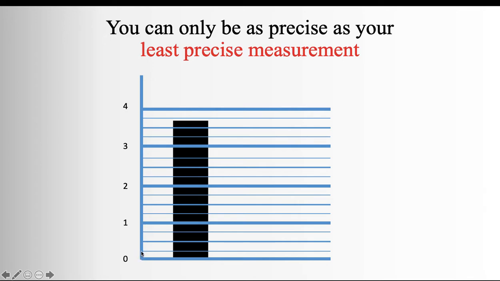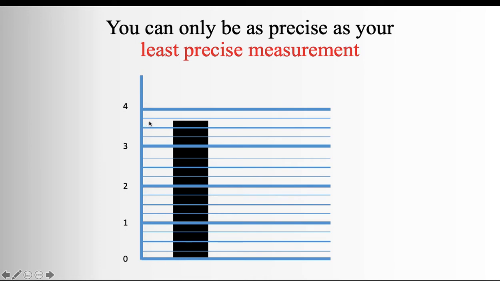So now I have 0.25, 0.5, 0.75, 1, 1.25, 1.5, 1.75, and 2, etc. Well, this is not quite exactly at 3.75, so I can still estimate it's between 3.5 and 3.75, but it's closer to 3.75, so I can say with a little bit more precision that this is probably about 3.7.